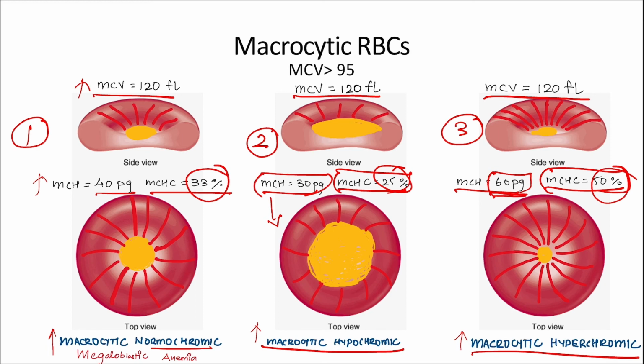We can see this type of cell, like type 1, in megaloblastic anemia. Cells like the third one, macrocytic hyperchromic, are practically not possible because metabolically they are not capable of holding more amount of hemoglobin inside the RBC.